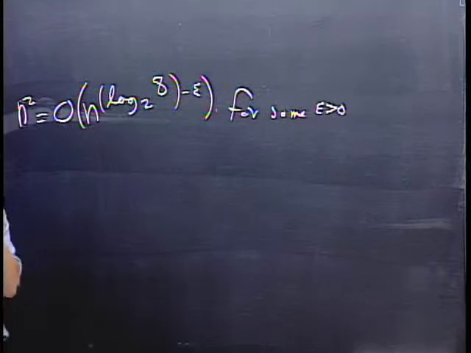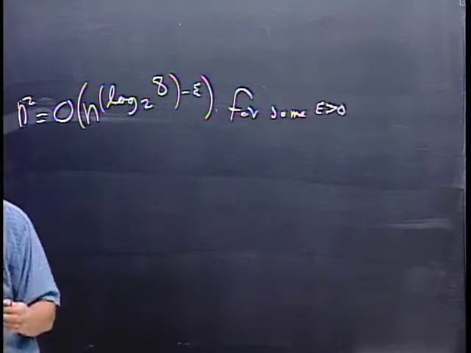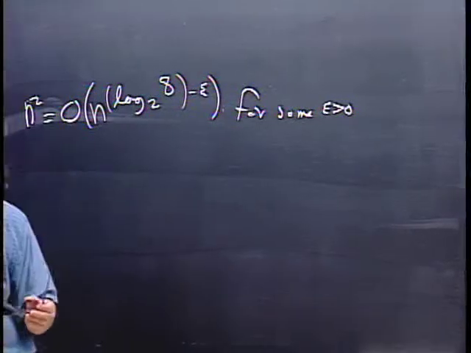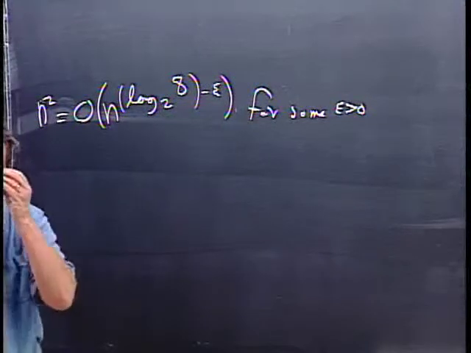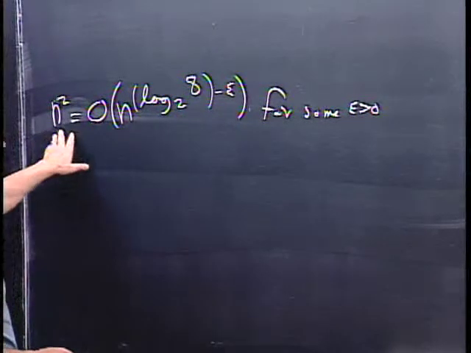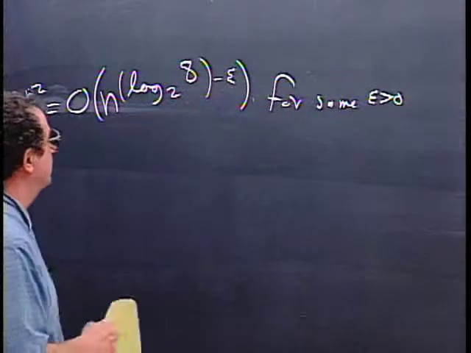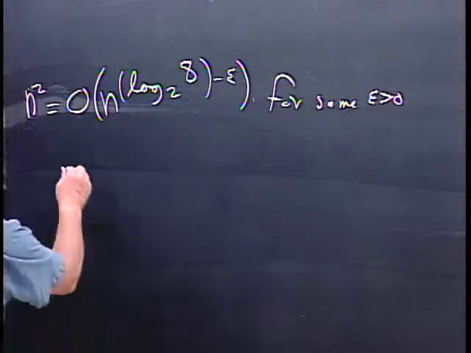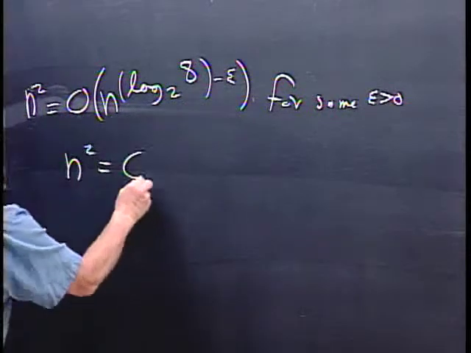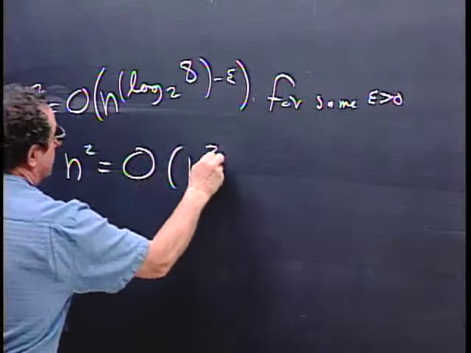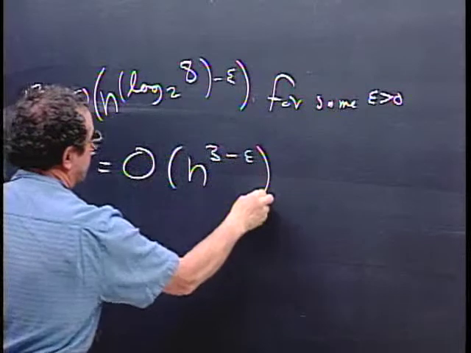It looks like the framing is a little bit off. Can you shift it a bit so we? Yeah, okay, thank you. n squared is big O of n to the log base 2 of 8 minus epsilon for some epsilon bigger than 0. So n squared is big O of n cubed minus epsilon.